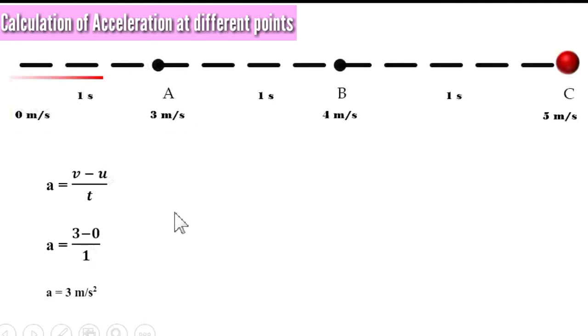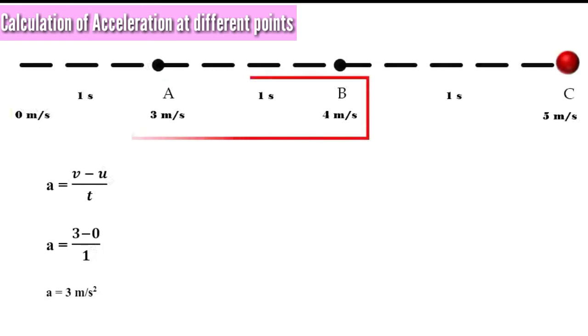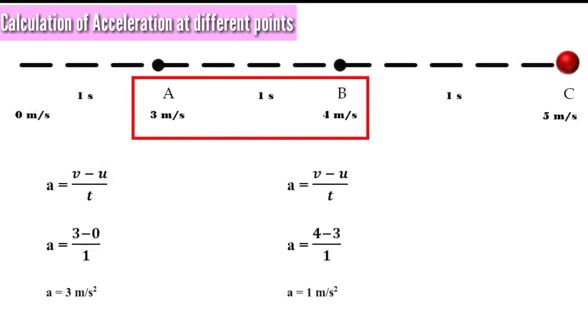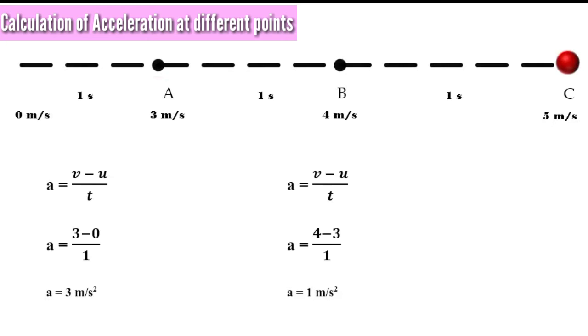So next, the acceleration produced in this ball between point A and point B. Point B has 4 meter per second velocity, that is the final velocity, minus initial velocity 3 meter per second. So 4 minus 3 divided by t, the time taken, 1. So 4 minus 3 divided by 1 is equal to 1 meter per second square. That is the acceleration produced in this case.